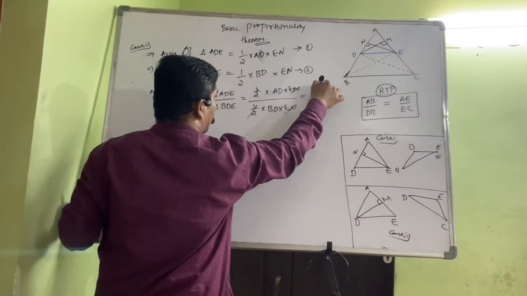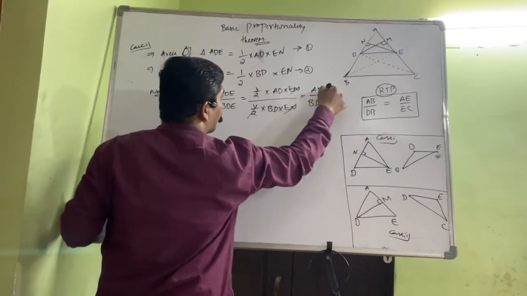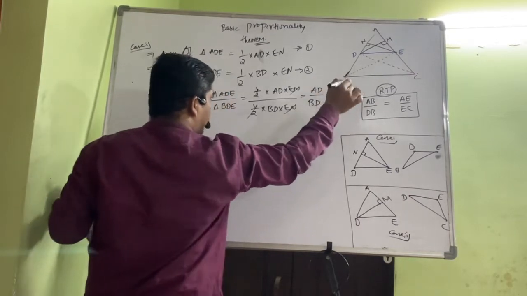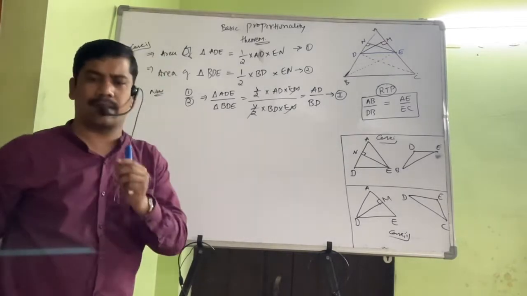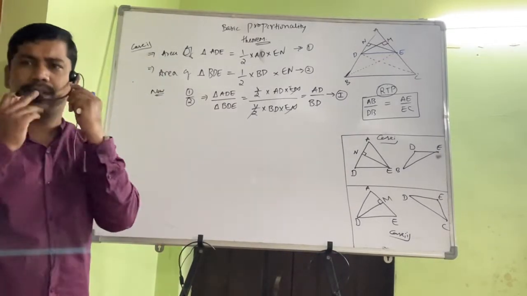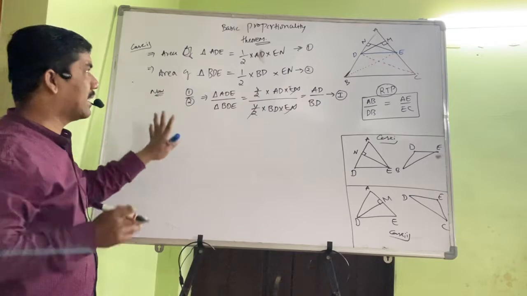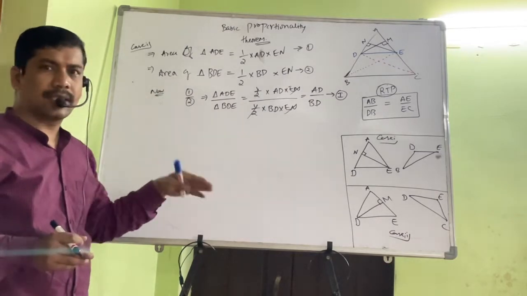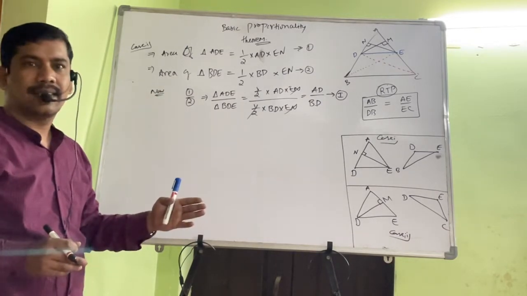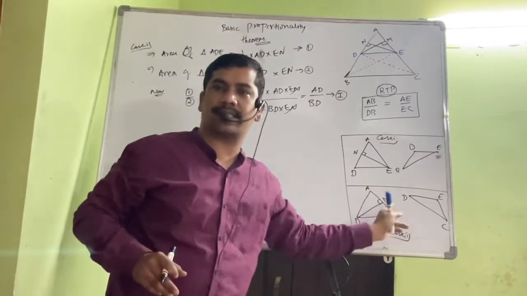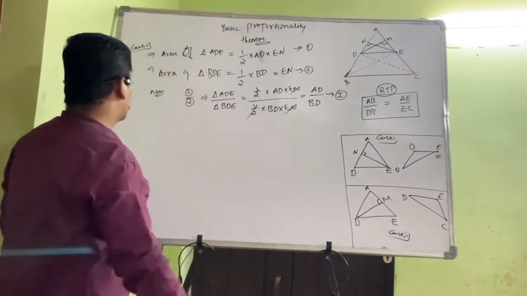So this is AD by BD. This is Roman number 1. You can consider the equation as Roman number 1. Any name you have to give. Right, clear? Now one case completed. Same thing you have to do with the second case. But now for these 2 triangles. Okay? So look at here.